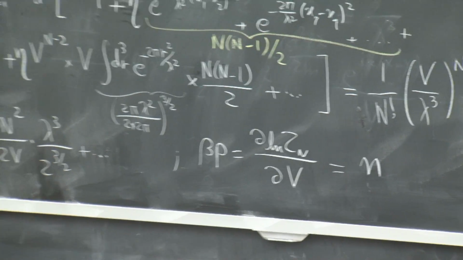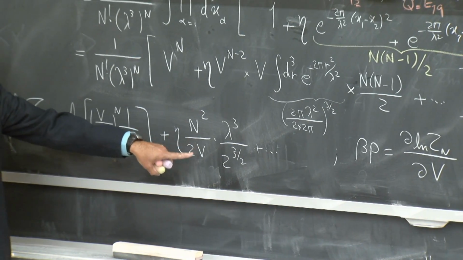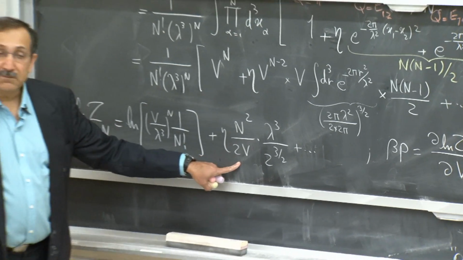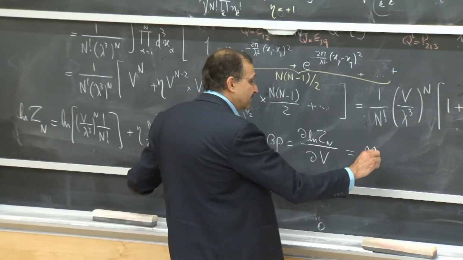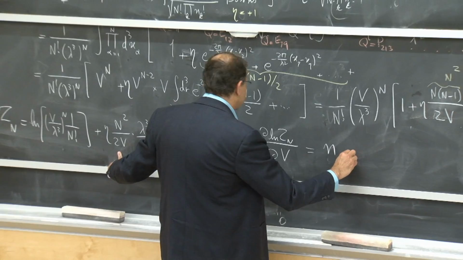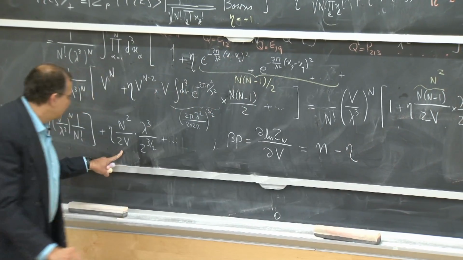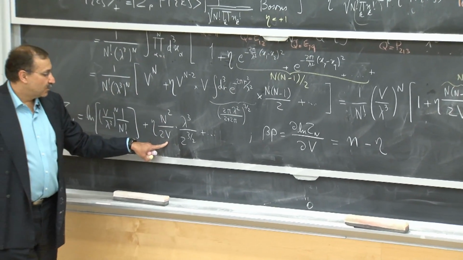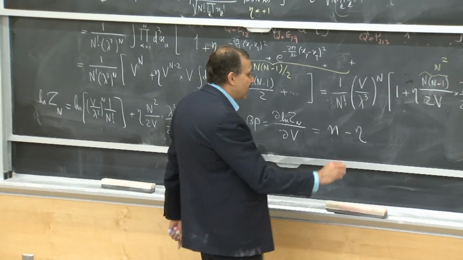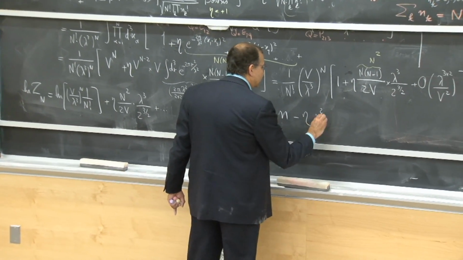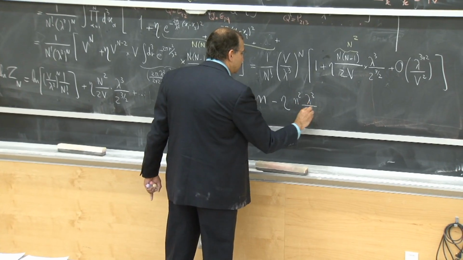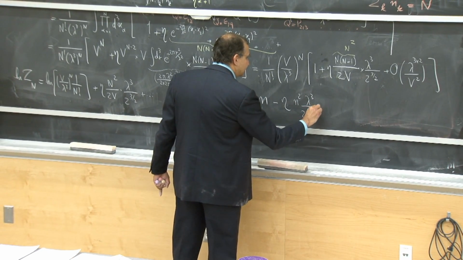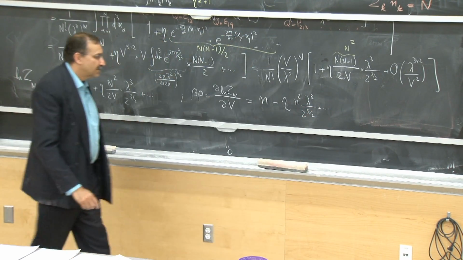And then when I look at the derivative here, the derivative of 1 over v will give me a minus 1 over v squared. So I will get minus eta n over v, the whole thing squared, times lambda cubed 2 to the 5 halves and so forth.